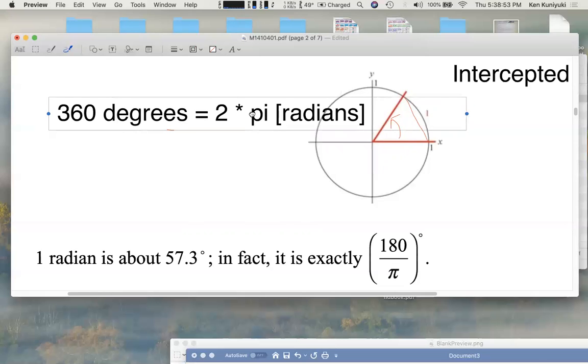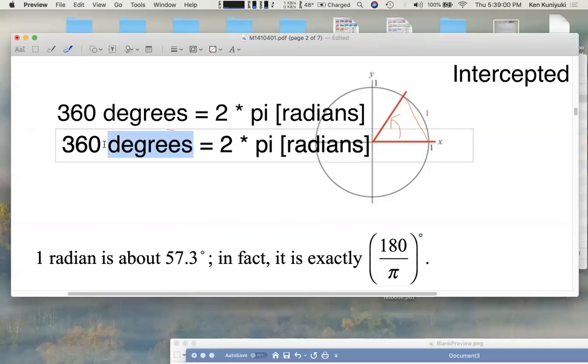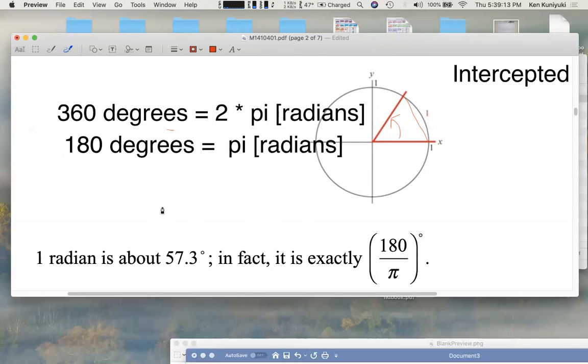Okay, now if 360 degrees is 2 pi radians, then over here, half as many degrees, 180 degrees, will be just pi radians, where I divide both sides of this by 2. 180 degrees is pi radians. What does 180 degrees look like? What does that rotation look like?